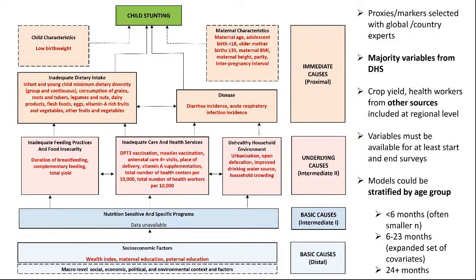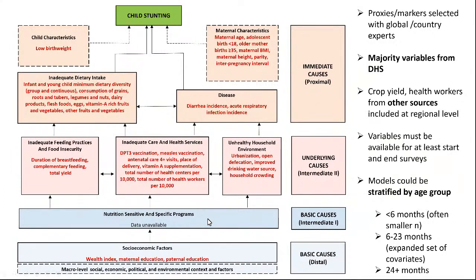So just a few things I want to point out here. The variables that are listed here were the ones that were available in the DHS surveys for the most part. And so down at the bottom, under socioeconomic factors or basic indicators, we looked at wealth index, maternal and paternal education. We, at least in Ethiopia, in the DHS and from other sources, were not able to find good programmatic data for large-scale programs.